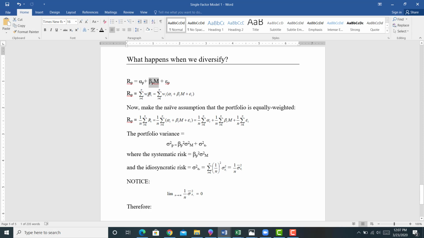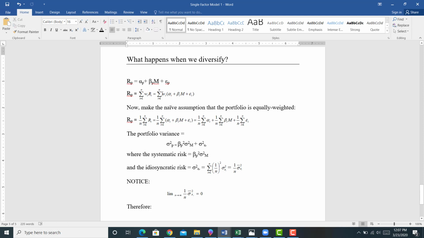Let's say that the returns of the portfolio is just going to be equal to the sum of the different weights of each asset i times the returns of asset i. This is the left-hand side variable. This is just showing you that the returns of the portfolio is the weighted average of the returns of each individual asset in the portfolio.